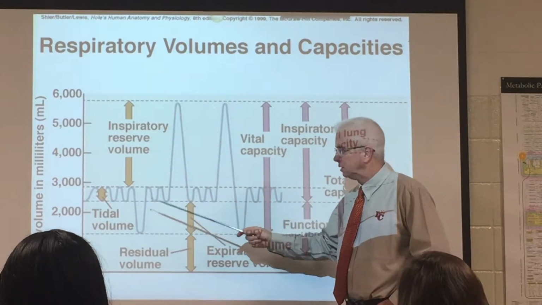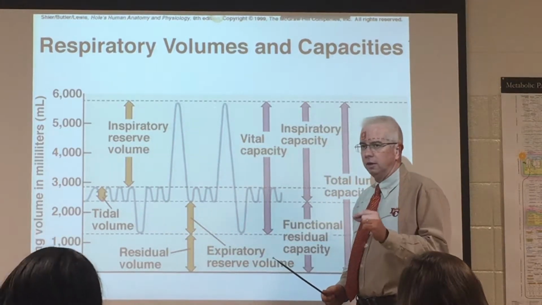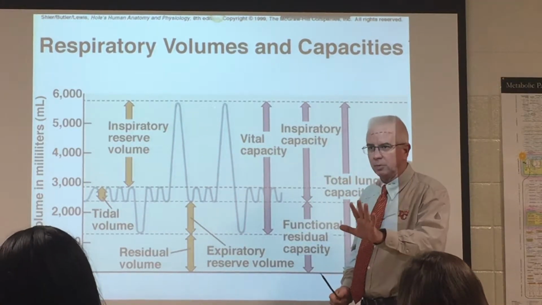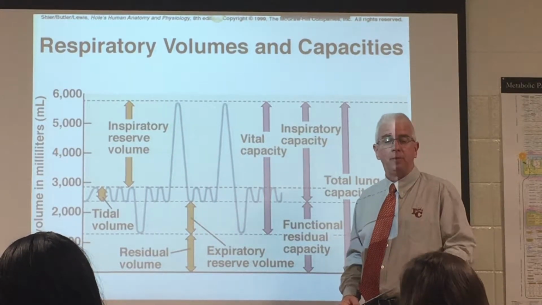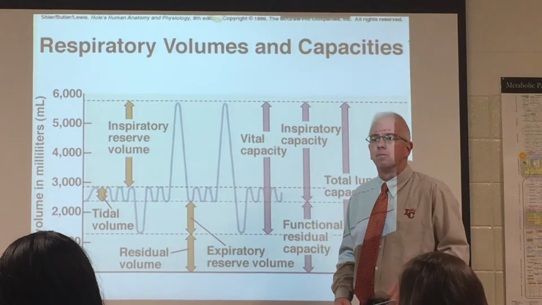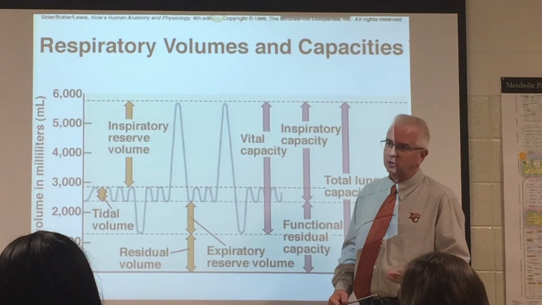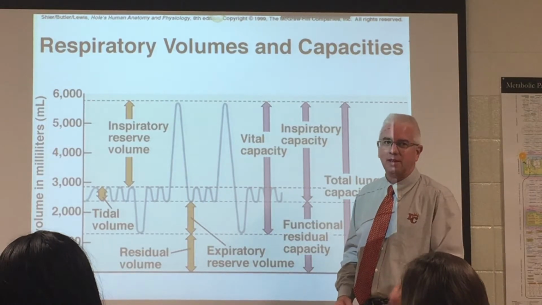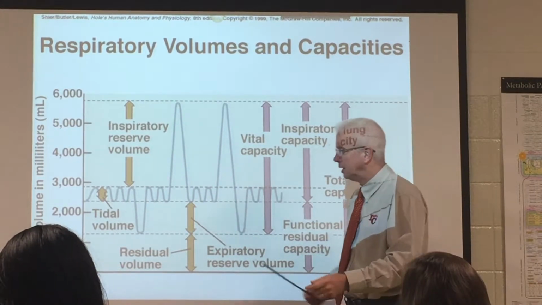What I want you to notice here is that tidal volume is not the combination of these. This is the only place where students get confused about this. When I say tidal volume, normally people say, well, that's a normal breath. And so students think that will be the inspiration and the expiration, but that's not what tidal volume is. It is either the inspiration or the expiration, and not both.